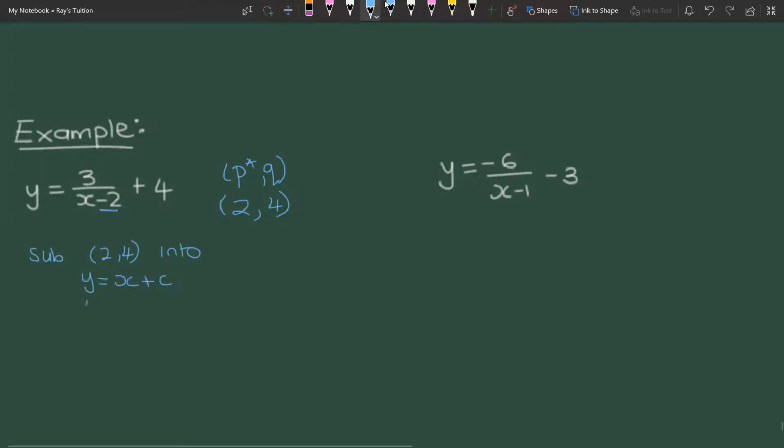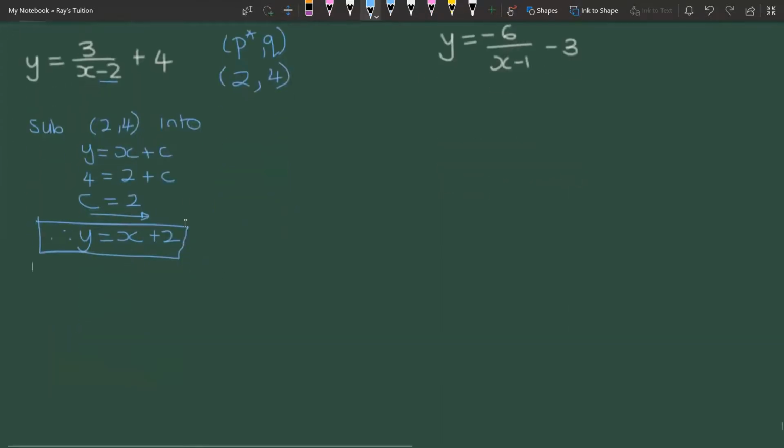In the place of y, we're going to put 4. In the place of x, we're going to put 2, and we are solving for c. Here we have that c is then 4 minus 2, which is 2. So therefore, the equation is y is equal to x plus 2. So that is our positive axis of symmetry for this graph.